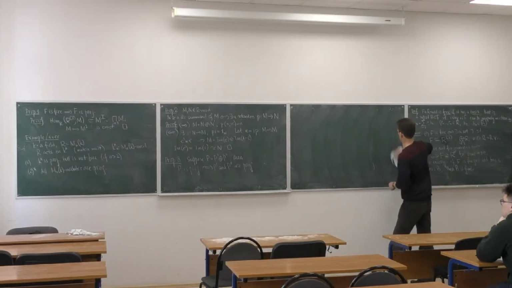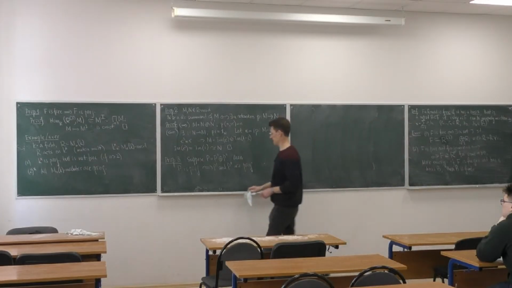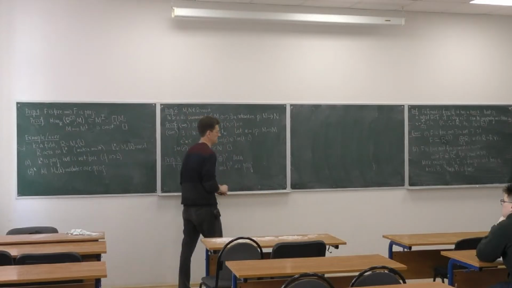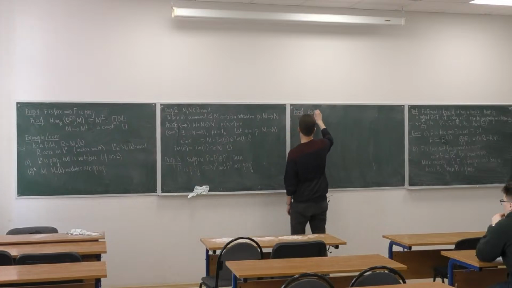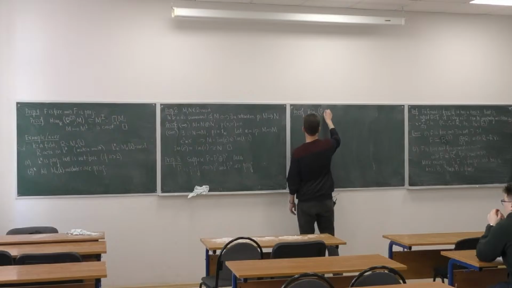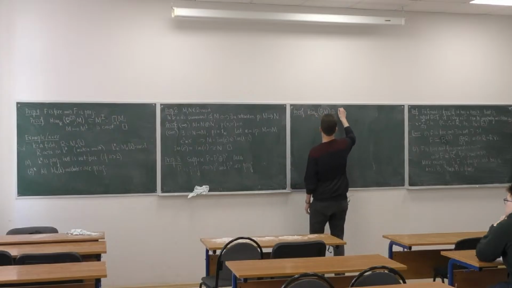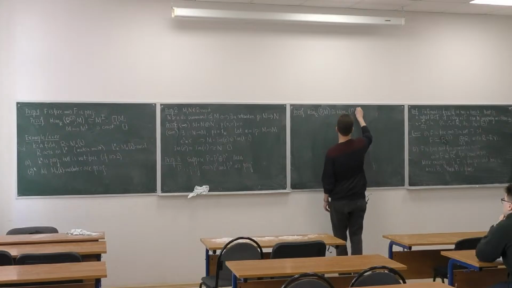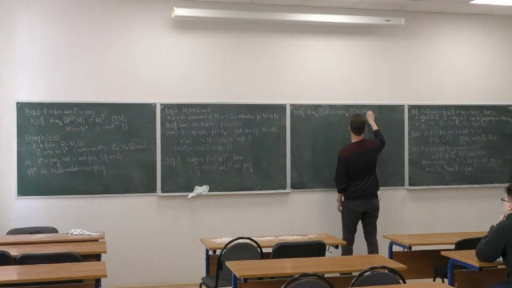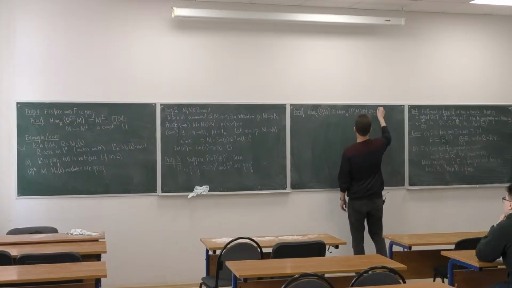Well, this is actually a simple observation, because if we look at the respective Hom functor, Hom from P to M is naturally isomorphic to the direct sum of Hom from P prime to M and Hom from P double prime to M.